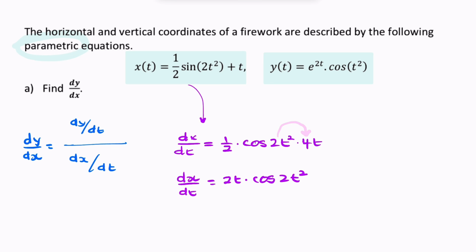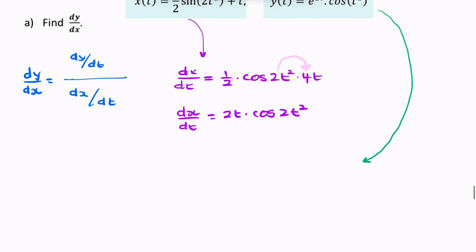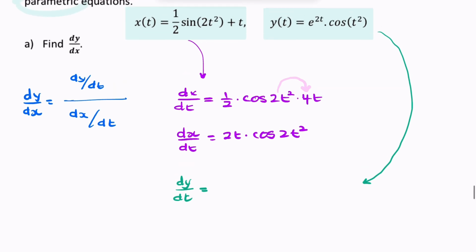And I can do the same for dy by dt. So let's do that. My derivative dy by dt will be, and it looks like we have a product here. The product rule, I'll just remind you, is u dash v plus u v dash.